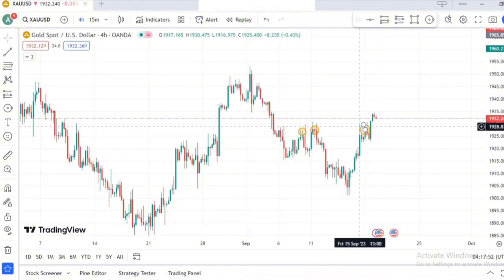We see that the market has reacted to these 3 places.